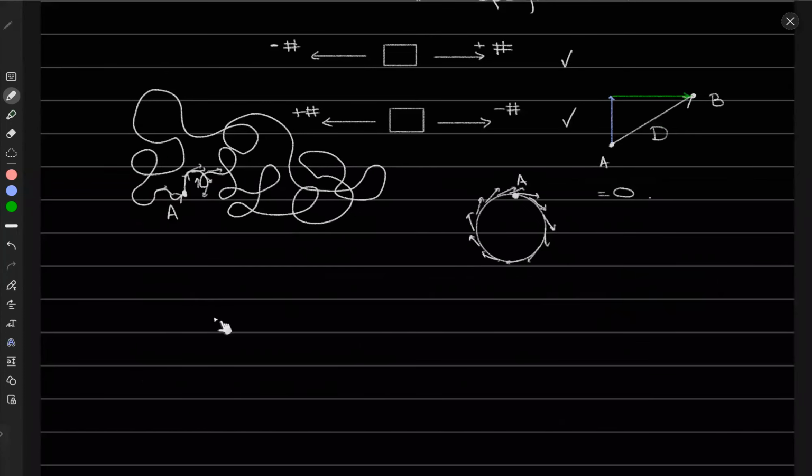So the concept of resultant applies to vectors. Now, you could have different vectors, right? So some of the examples of vectors are displacement, force, velocity, and we have many more, right?